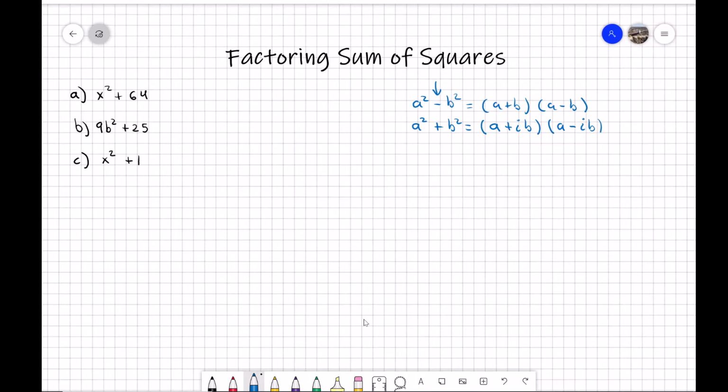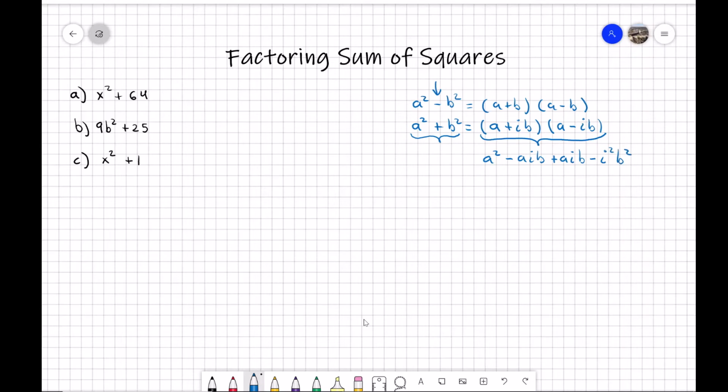So we want to know if what we have here is the same as what we have here, right? So let's see. If we multiply these two expressions, we're going to end up with a squared minus aib, plus aib minus i squared b squared.